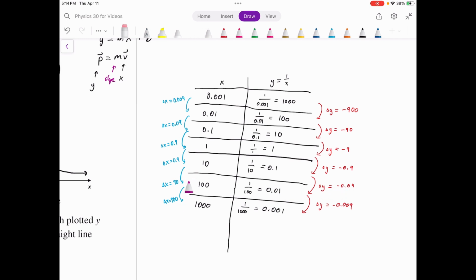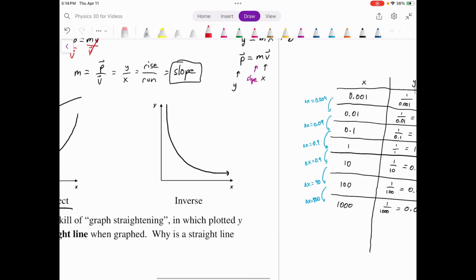Big change in x here, 100 to 1,000, a change of 900 in x, only caused a change of 0.009 in y. And that's exactly what we see. As x gets larger and larger, it causes smaller and smaller changes in y. A less dramatic slope.